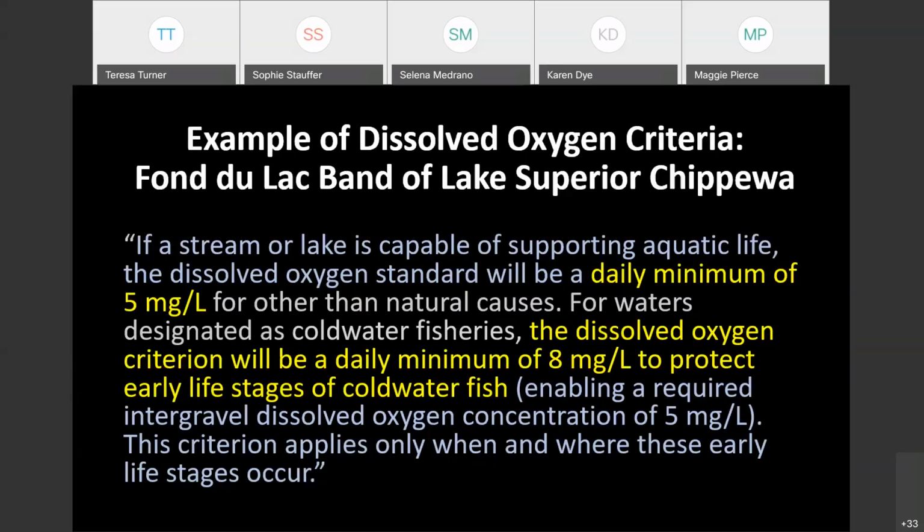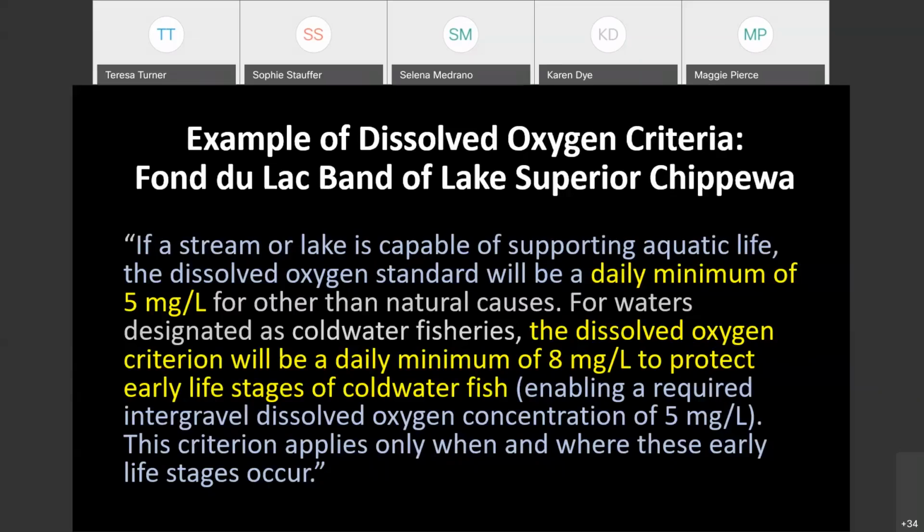And this is something to think about. If your reservation covers a wide range of elevation or just different water body types, if you just know, well, this water tends to run much colder naturally, it has a cold water fishery, there may be reasons to apply different criteria to cover different types of waters. The tribal water quality standards probably go on to link this higher 8 milligram per liter dissolved oxygen criterion to a specific use and then link that to some specific waters.